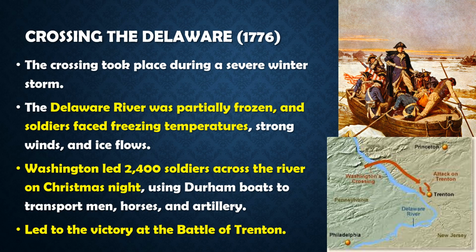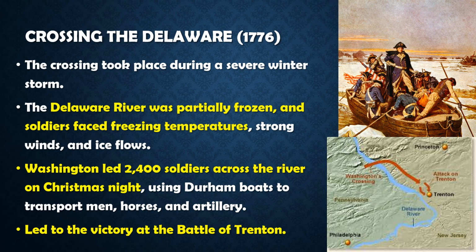Washington and his other generals had to lead over 2,400 soldiers across this river on Christmas night under the cover of darkness, in secret, so they were not caught by British soldiers and Hessian mercenaries. They had to transport men, horses, and artillery, these big cannons, all in secret.